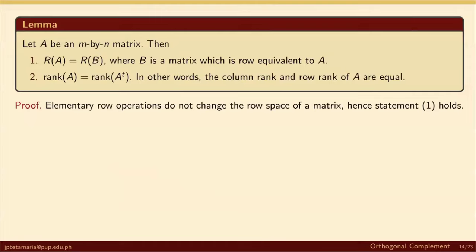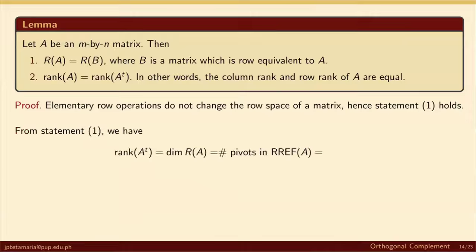If the row rank is 5, then the column rank is also 5. Meaning, if you have a maximum of 5 linearly independent columns, there will be a maximum of 5 linearly independent rows as well. And why is that? You just consider the RREF of A. As I remember, the rank of A transpose is the dimension of the row space.